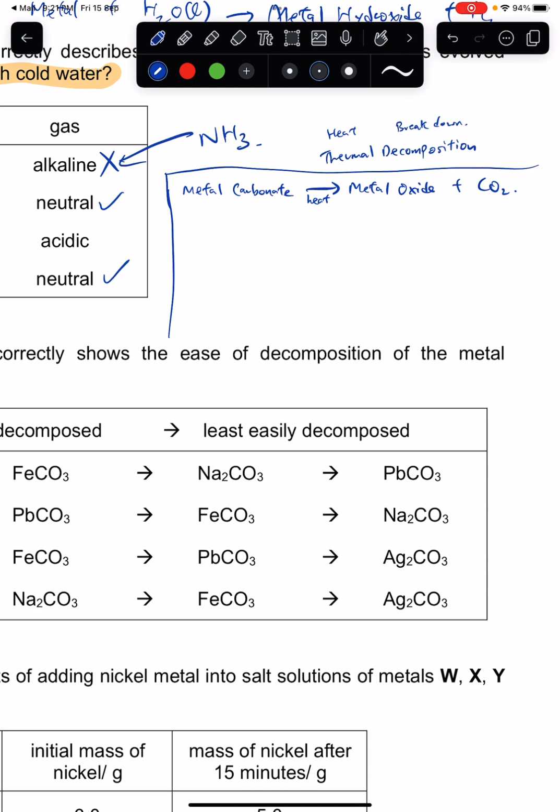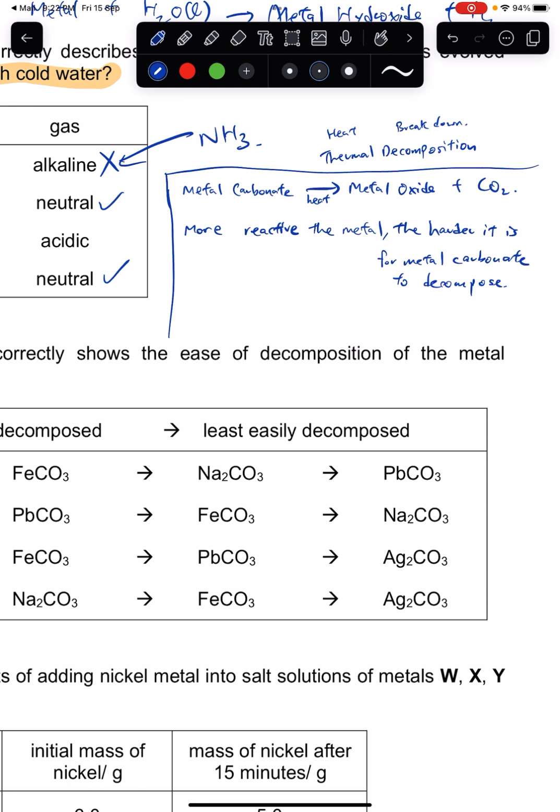Alright. Second thing, you need to know the trend. The more reactive the metal, the harder it is for the metal carbonate to decompose. Be careful, I said the metal carbonate. Maybe I give you an analogy.